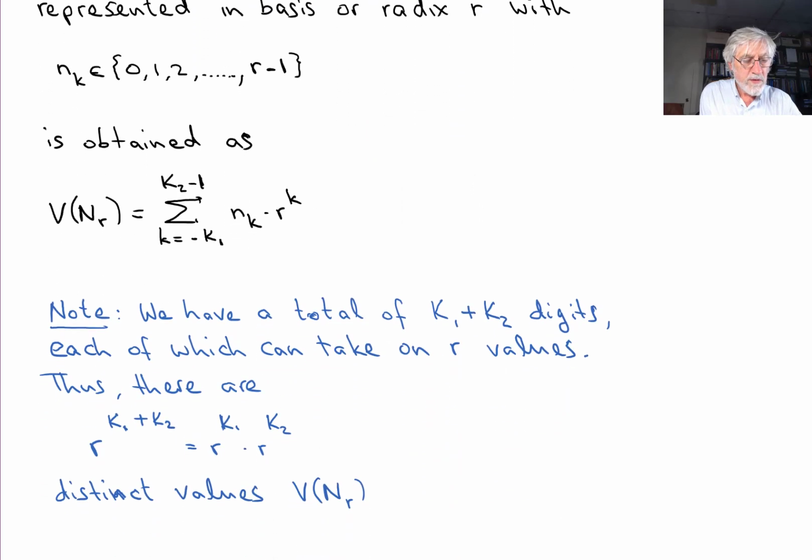The total number of digits that we have is capital K1 plus capital K2. And so, because each digit can take on r different values, namely those values up here, we get altogether r to the K1 plus K2, or r to the K1 times r to the K2, distinct values for the value of that number n sub r.